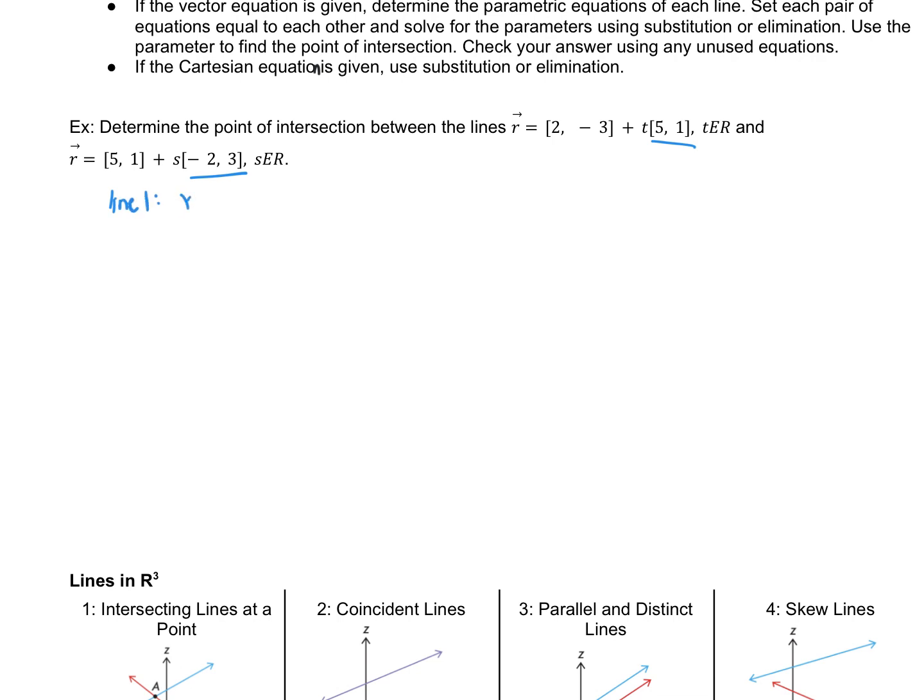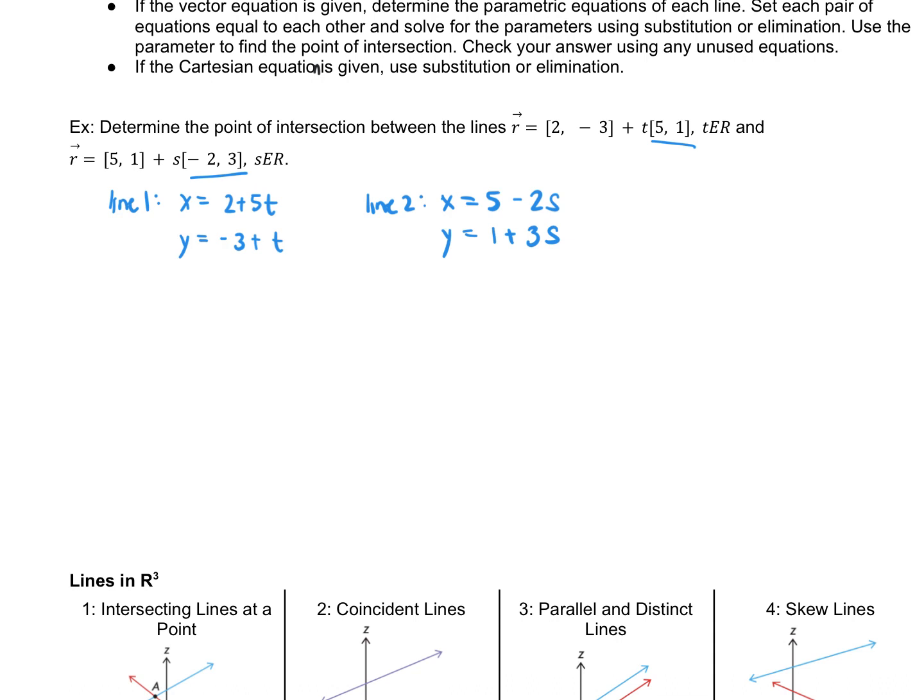So for line 1, we have x equals 2 plus 5t, and y equals negative 3 plus a single t. For line 2, we have x equals 5 minus 2s, and y equals 1 plus 3s.